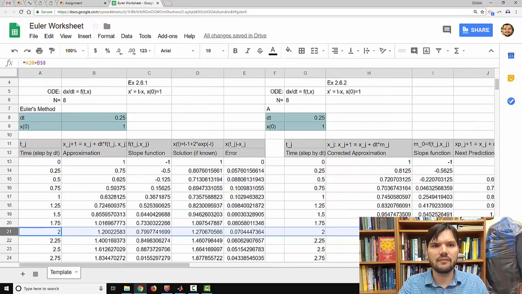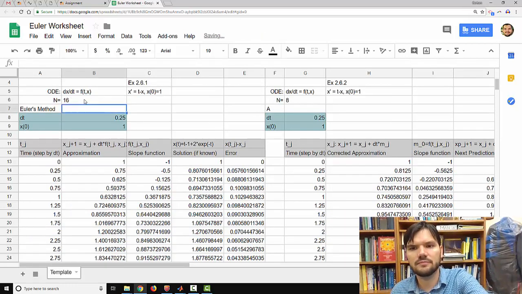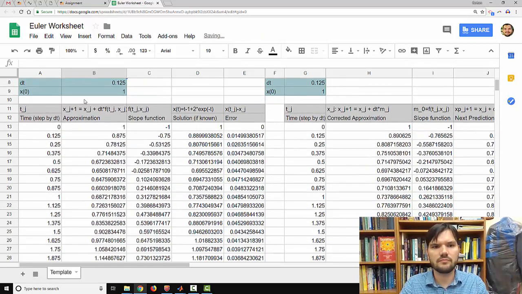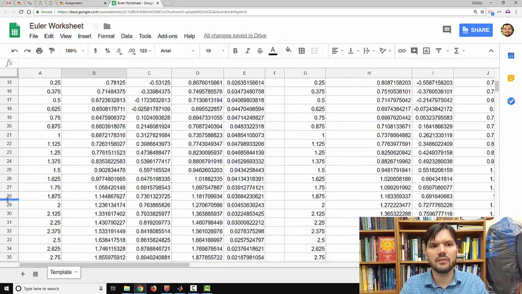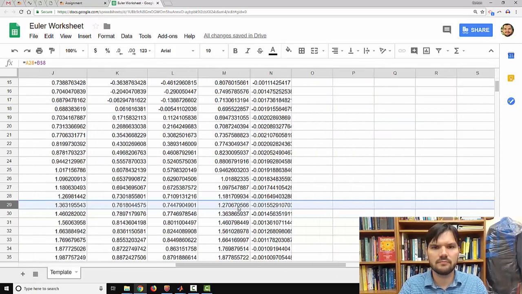And if we keep doing that, let's say n goes to 16. Scroll down to where it's 2. Our error for the Euler method continues to be cut in half each time. It was 0.06 last, now it's 0.03.